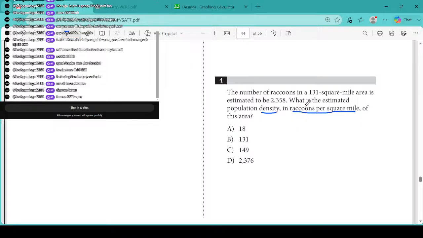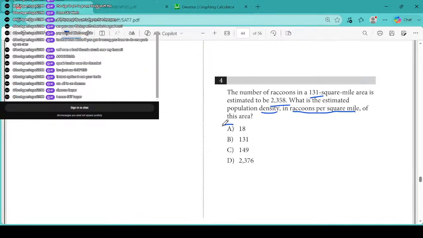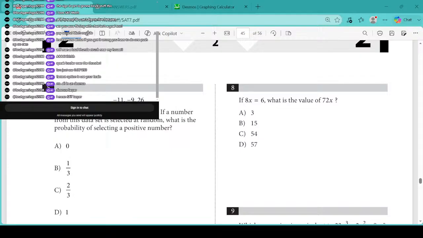If it says raccoons per square mile, it means raccoons over square miles, so you just take the number of raccoons divided by the square miles, even though you don't know what density is. So 2358 over 131, which is 18. Super simple.